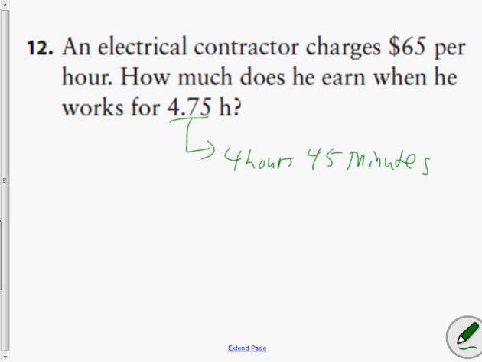So if he works 4 hours and 45 minutes at 65 bucks an hour, how much will he get? Estimation. I'm going to use $60 multiplied by 5 hours. Therefore, I would estimate that he's going to make approximately $300. Now, because this has 3 digits and this has 2 digits, it's always easier to keep the one with the most digits on top.